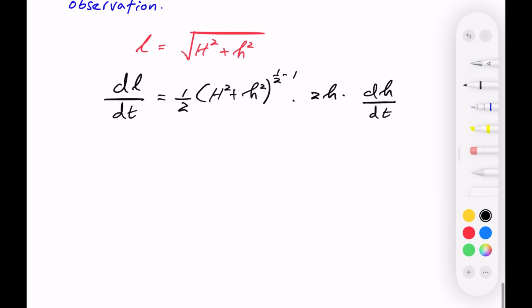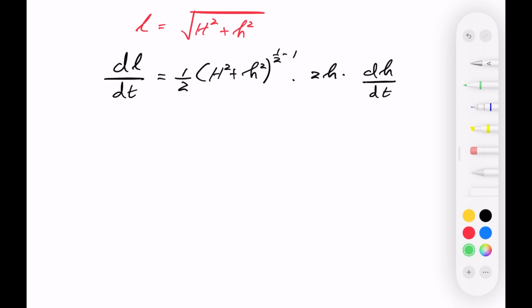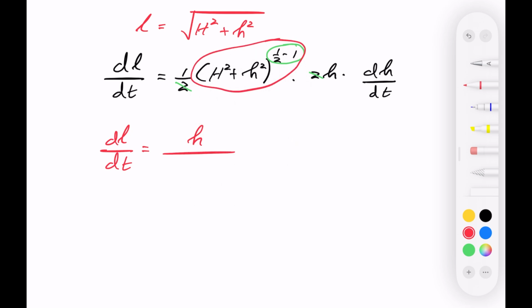This equation can be simplified some more, because I can cancel off the 2's from the denominator and the numerator respectively, and this can be simplified to become negative 1/2, and then it can be written nicely as dl over dt is now equal to, on the numerator I will just have a lowercase h, and all of this term can be written in the denominator. Then it becomes square root capital H squared plus lowercase h squared times dh by dt.